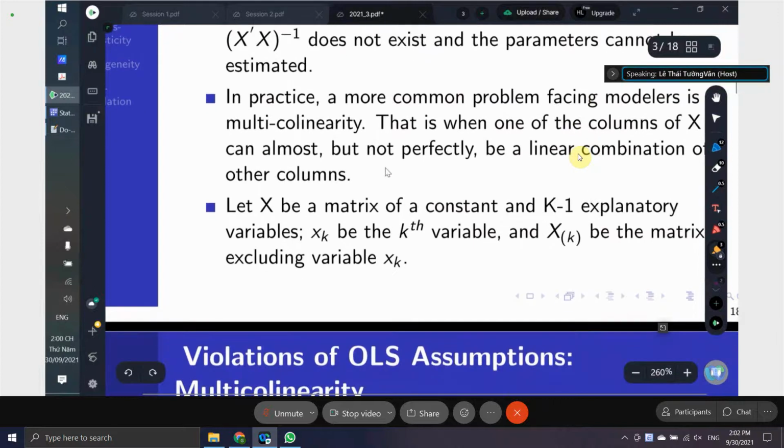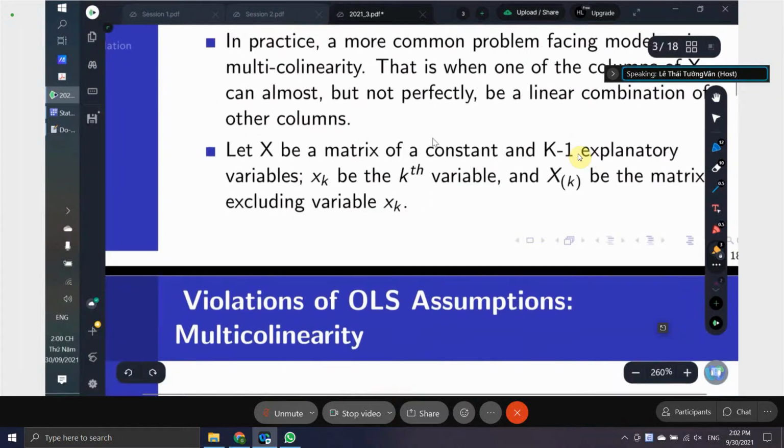In practice, a more common problem facing modelers is multicollinearity. That is, when one of the columns of X can almost, but not perfectly, be a linear combination of the other columns. Now, I will explain why that is a problem.